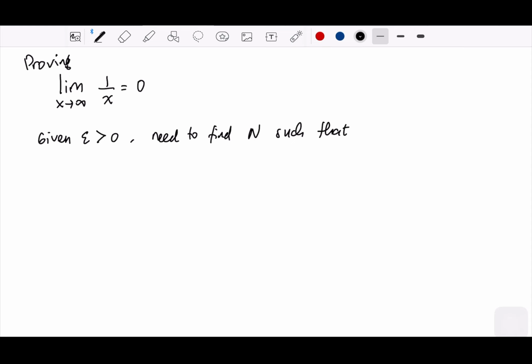So if x is larger than n, then the distance between the function and the L we assume, which is 0, is less than epsilon.